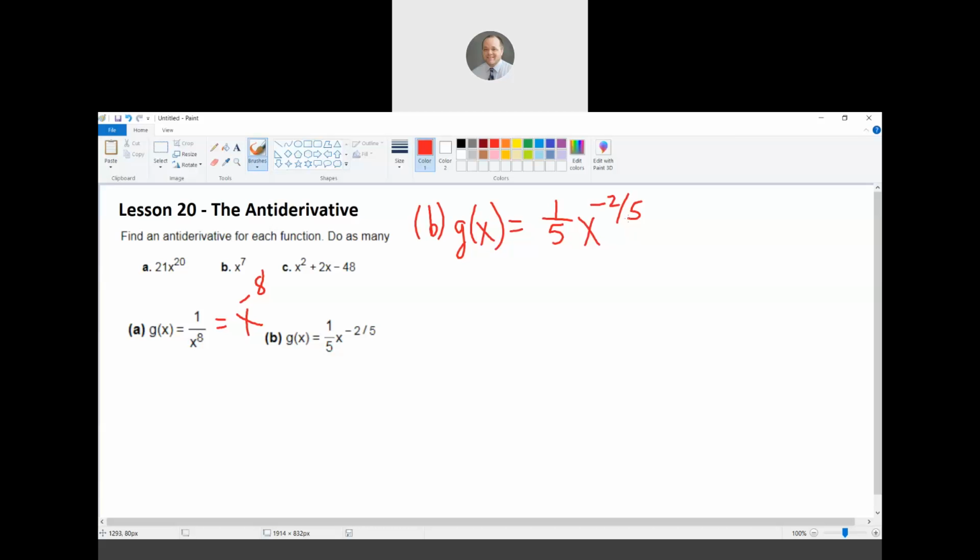So that means here, add 1 to the original exponent, and instead of moving your exponent to the front and multiplying it by any constant there, the opposite of multiplication is division. So you will divide by your new exponent.